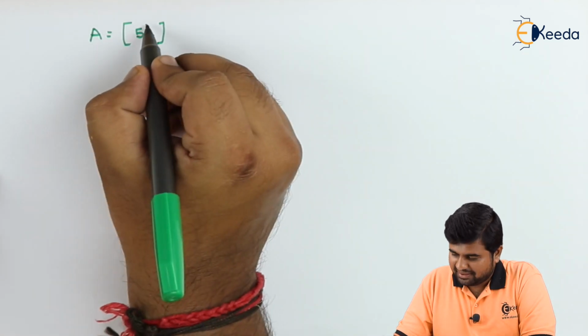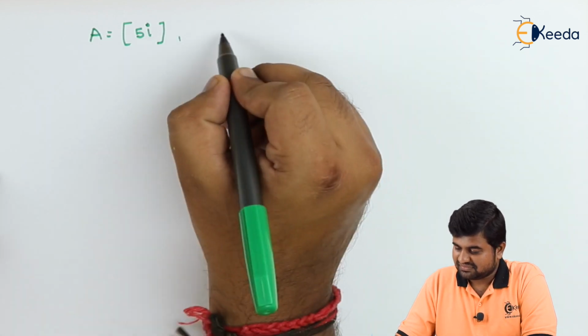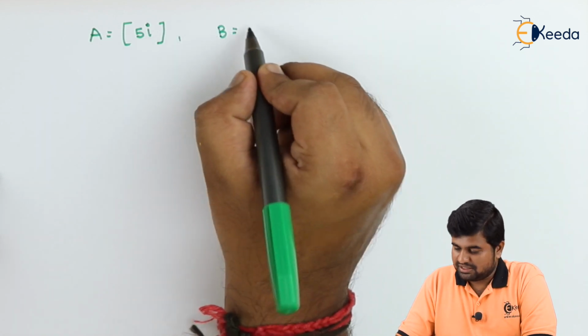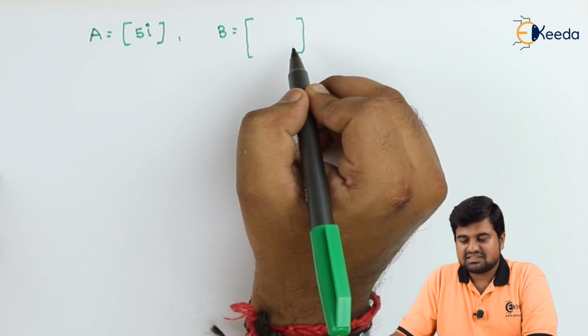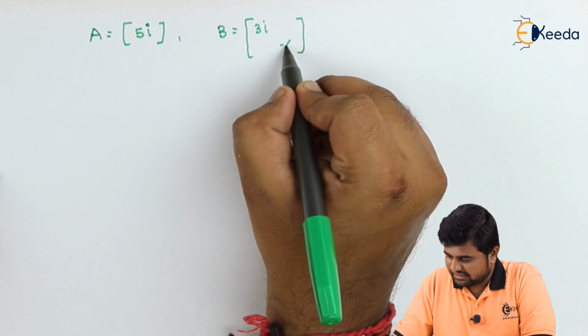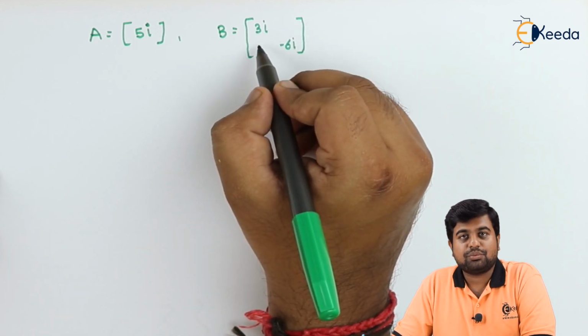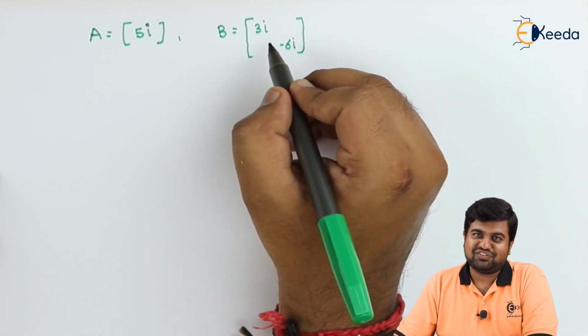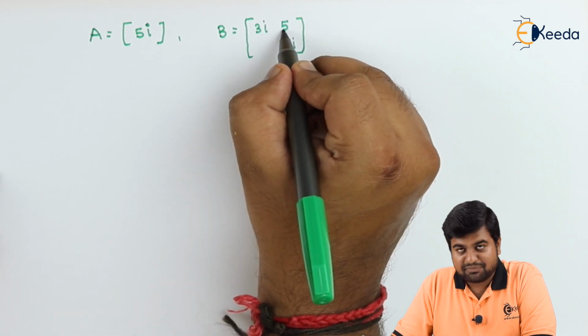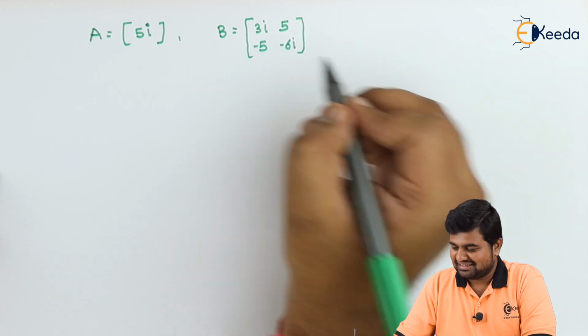Now this 5i is an imaginary number. So constructing the 2 by 2 matrix, we take 3i, minus 6i on the diagonal. And other elements have to be real but negative of each other, which is, if we have 5 over here, I should have minus 5 over here.